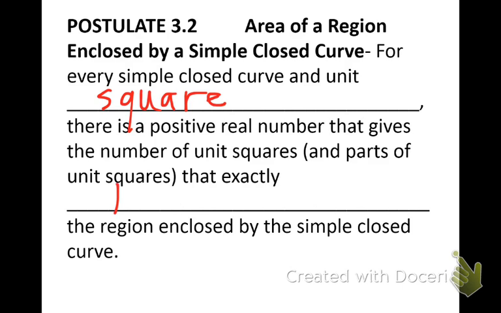We've had that term before, tessellate. The region enclosed by this simple closed curve. So there's no gaps or voids. We're filling in the shape with these squares or parts of squares.